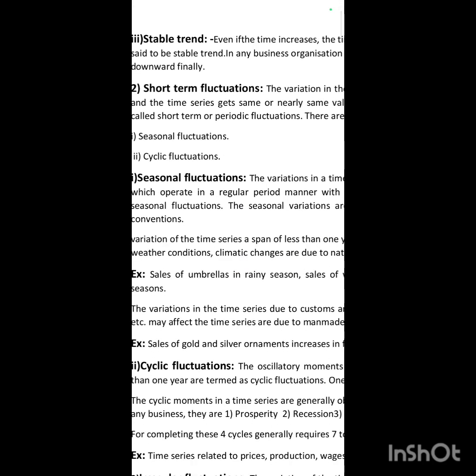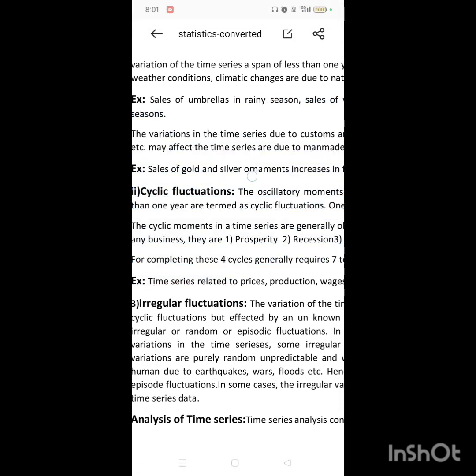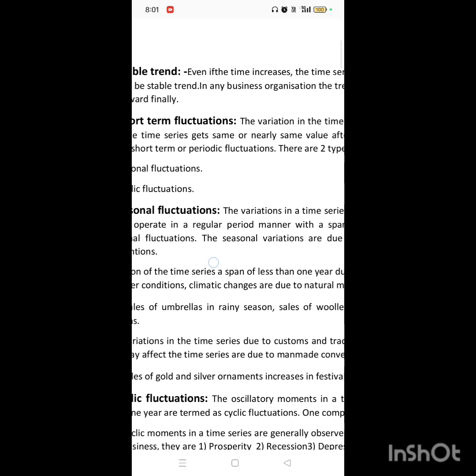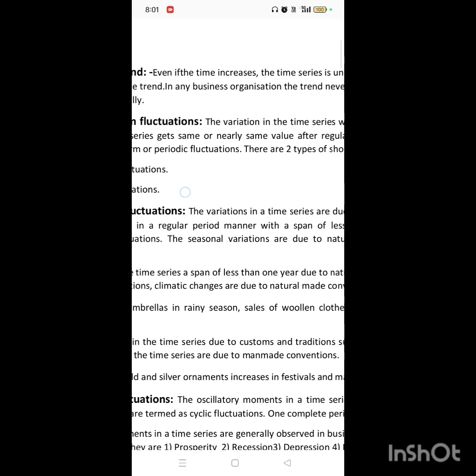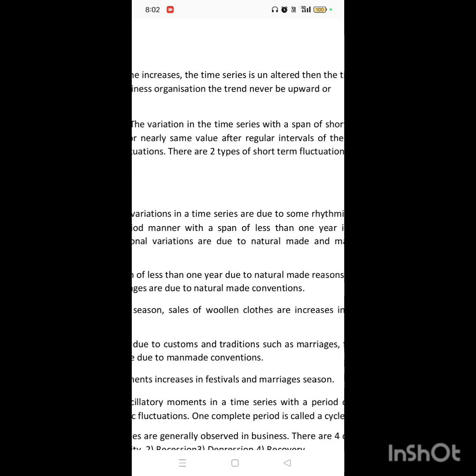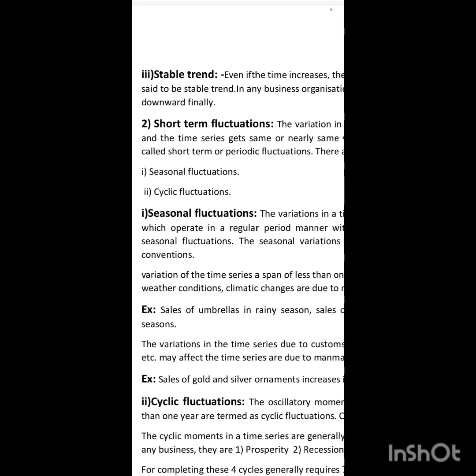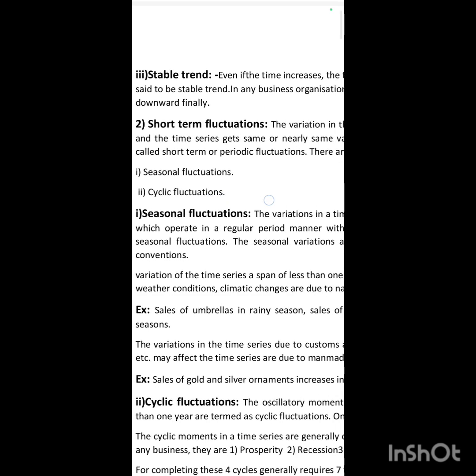Next, coming to the stable trend, even if the time increases, the time series values are not disturbed. That type of trend is said to be stable.